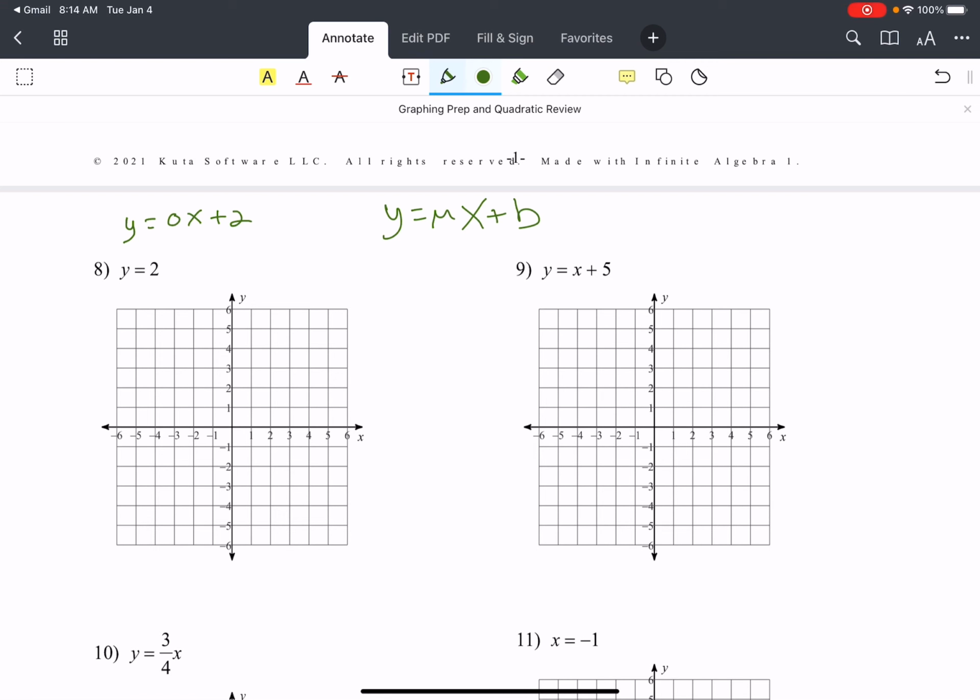Okay. We just talked about this. What type of line is it going to be if my slope is 0? Starts with an H. Horizontal. Good. So I start at 0, 2, and it's just a horizontal line because my slope is 0.